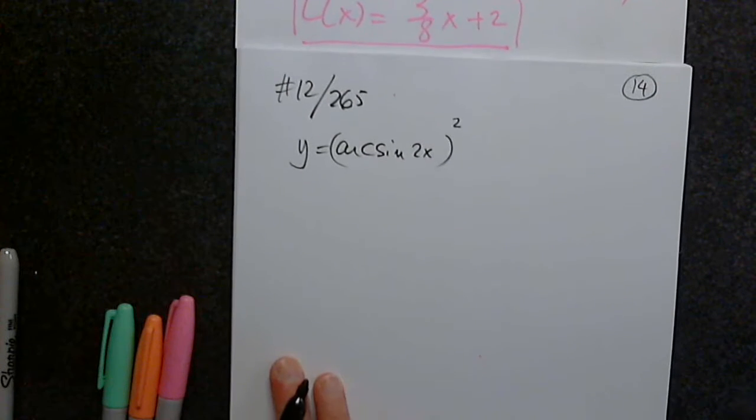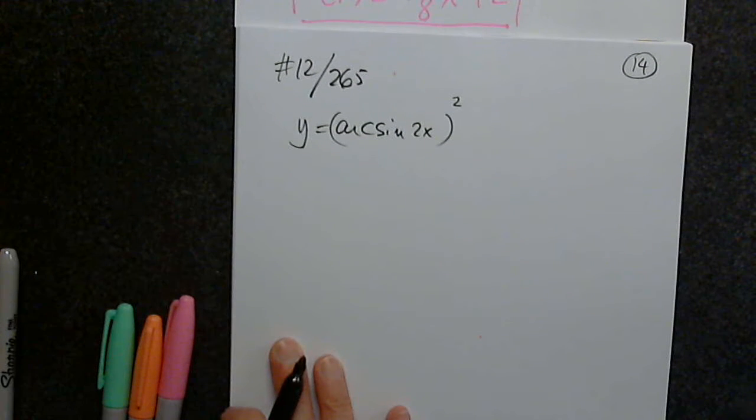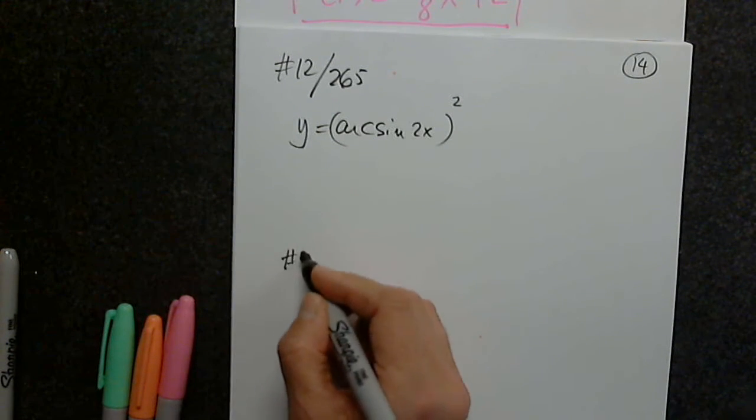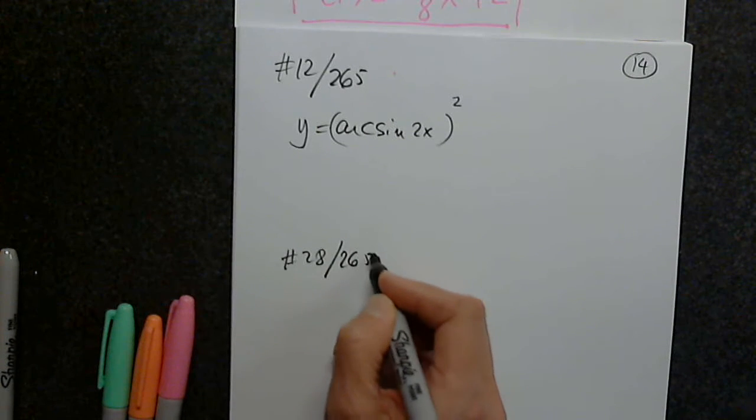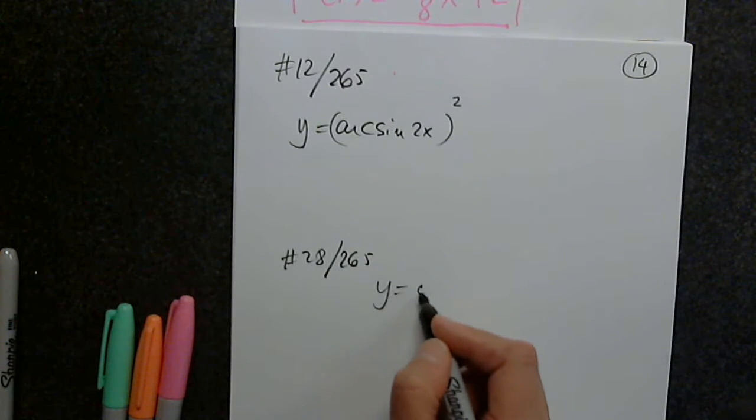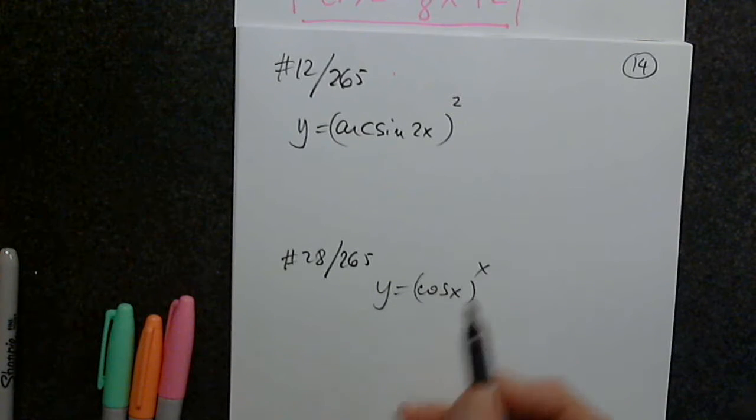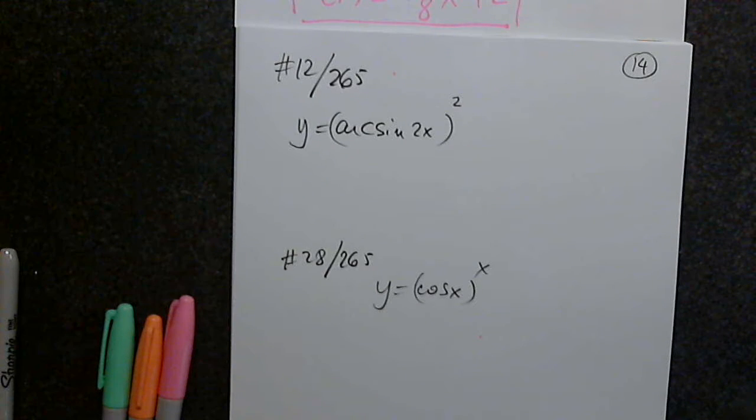So let's differentiate that. And also 28 on 265, which is y equals cosine x raised to x. So let's start with the first one.